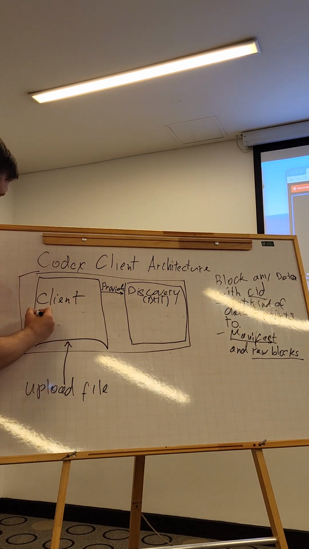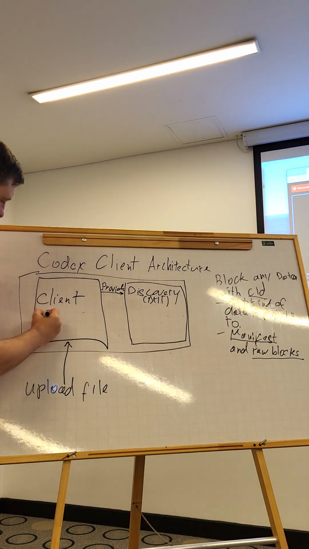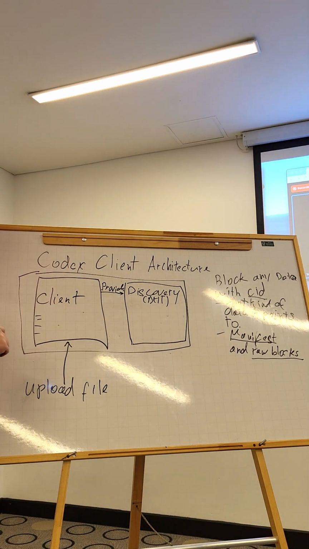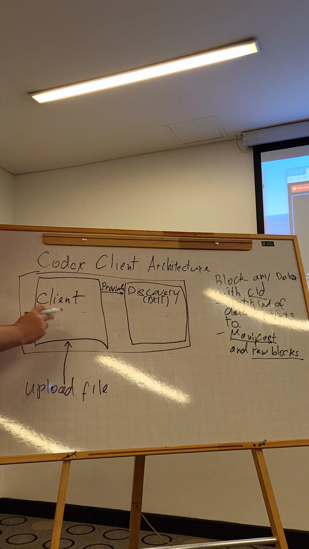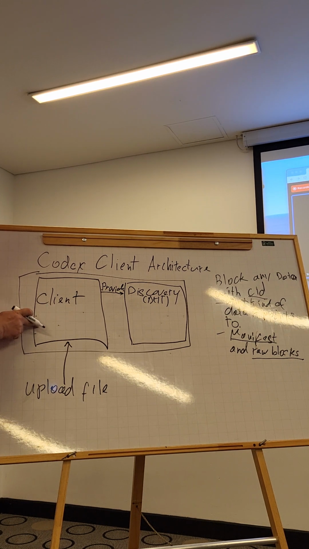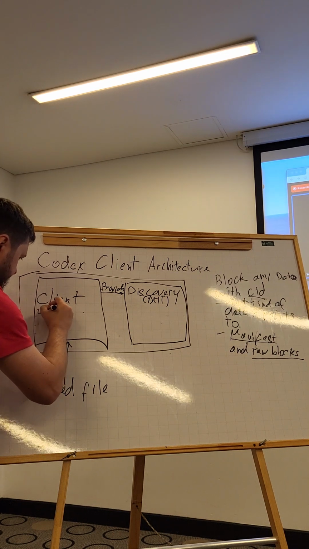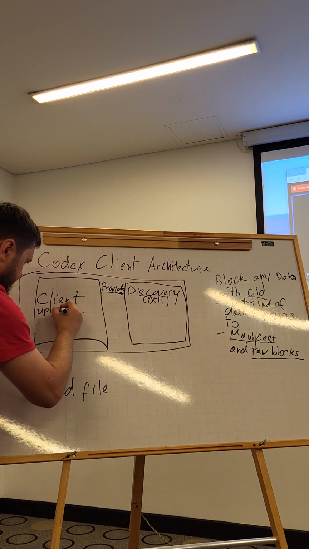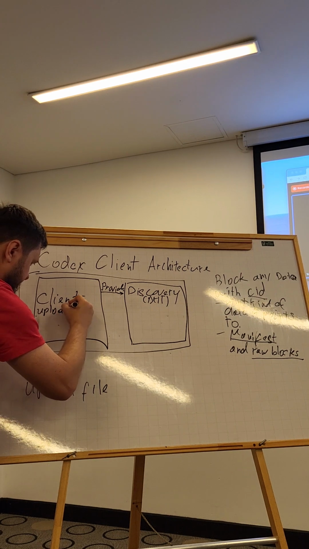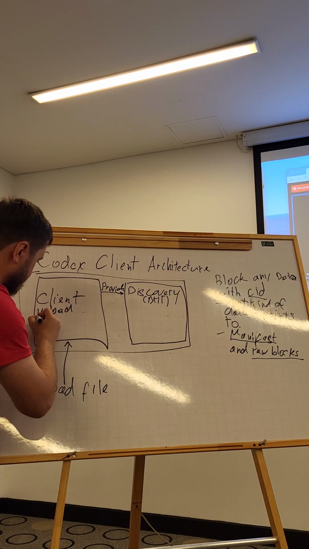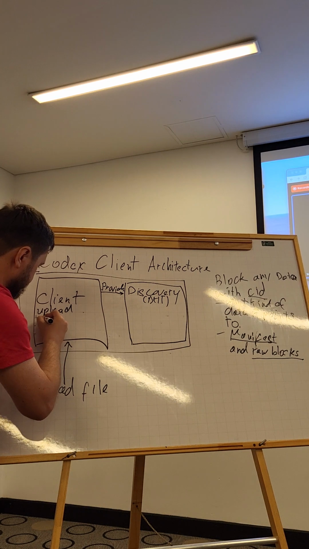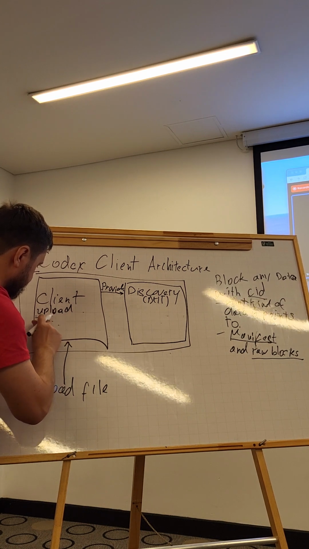The client does a bunch of things like chunk it, and then it stores these chunks. Let me write this down here. For upload, it's important. For upload, it will chunk the incoming stream.